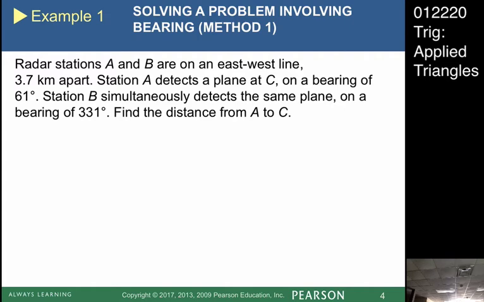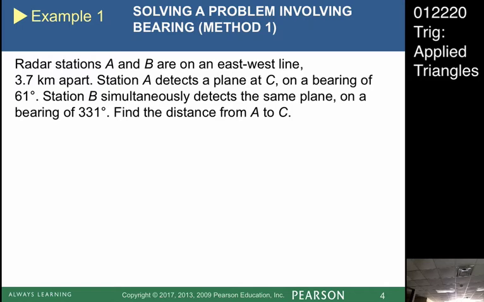Here it is, at point C, on a bearing of 61 degrees. So this is north for A, and this is north for B.